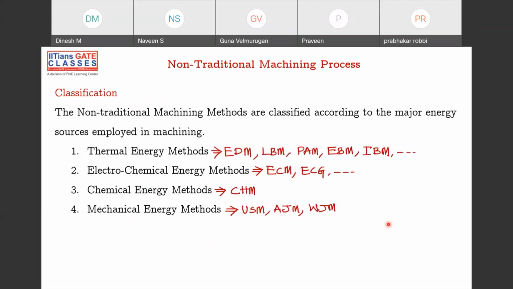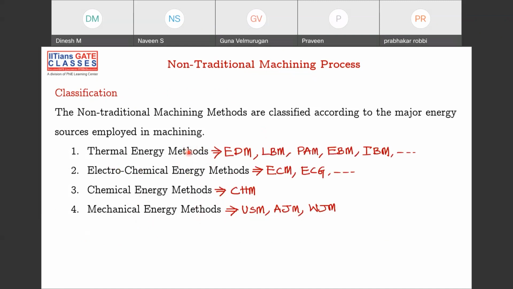Okay, fine. So let's classify these non-traditional machining processes into four, based on the energy that we are trying to use. What are the four energies? Thermal energy methods, electrochemical energy methods, chemical energy methods, mechanical energy methods. So these are the four categories.